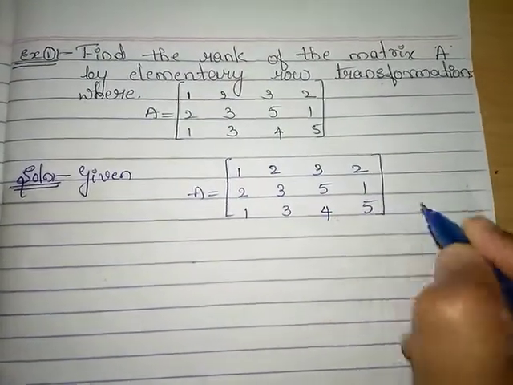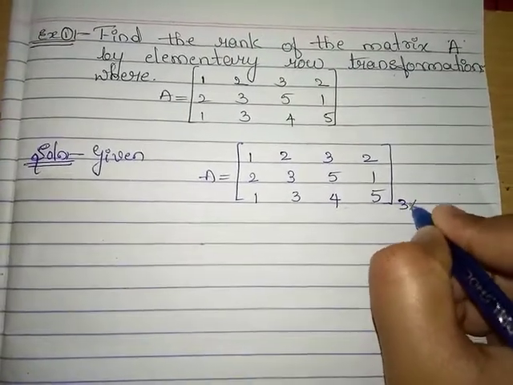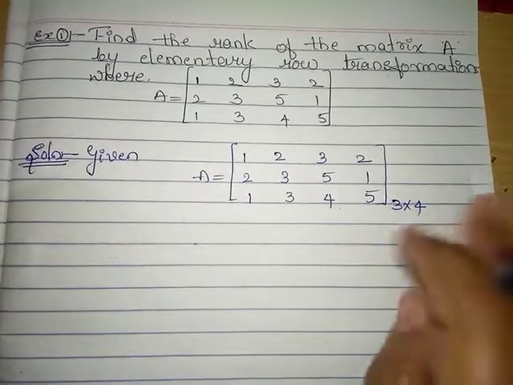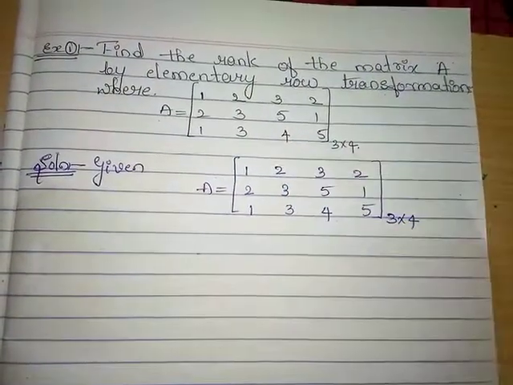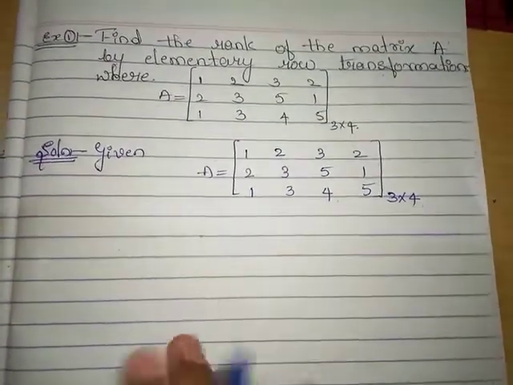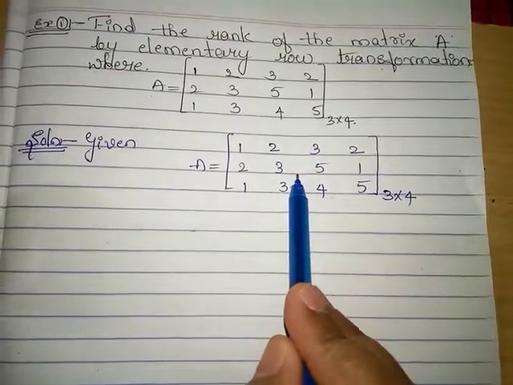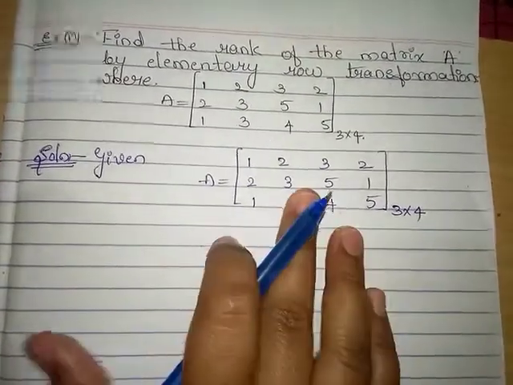This is the given matrix, which is of the order 3 cross 4, because we have 3 rows and 4 columns. Now the intention is to reduce this matrix to echelon form.